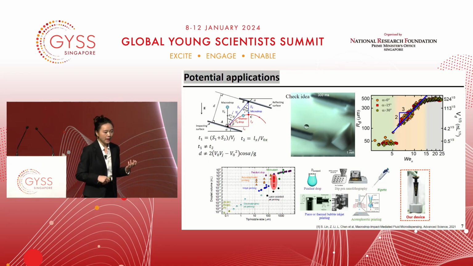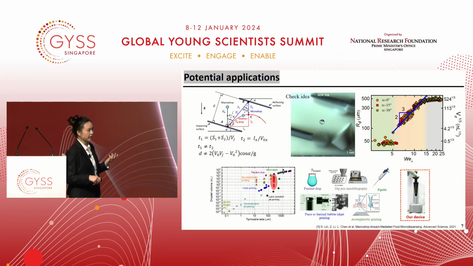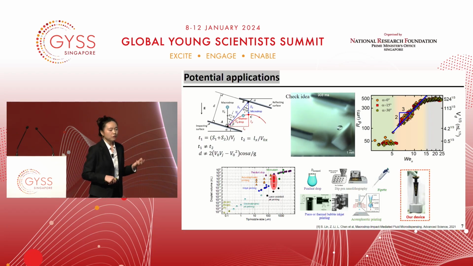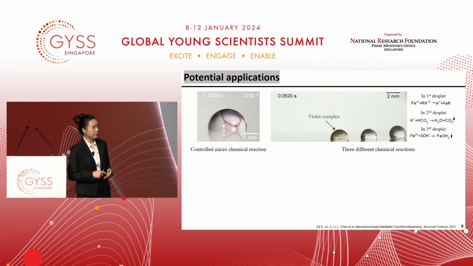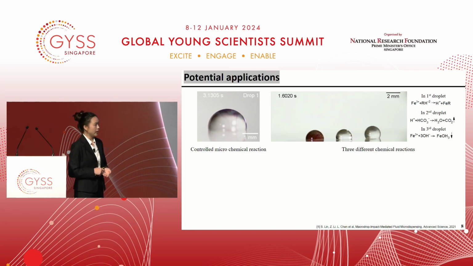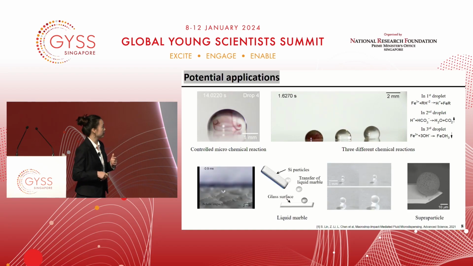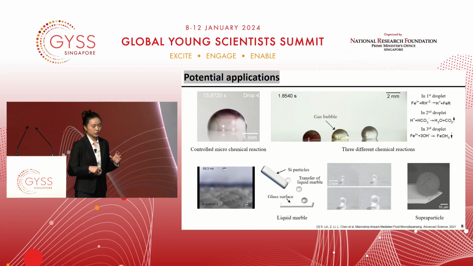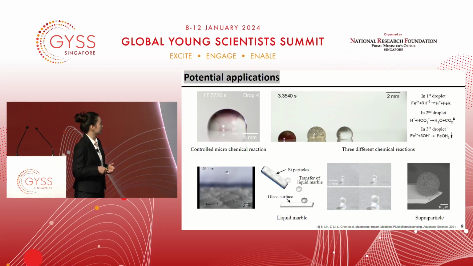Fortunately, the drop impact-based liquid dispenser can adjust the liquid volume from hundreds of picoliters to hundreds of nanoliters. With the capability to dispense liquids, we can achieve controlled microchemical reactions. And because this method is non-contact, we can achieve multiple chemical reactions in a single procedure without contamination. Furthermore, this device can be used in microfabrication.